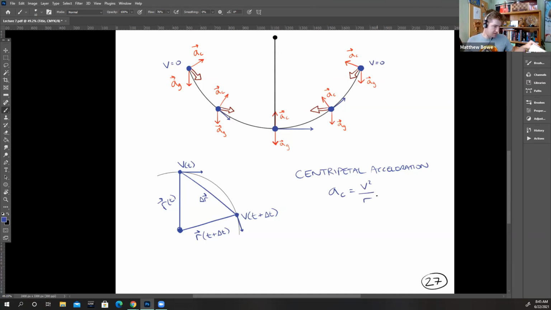And I believe that's a vector. Let me check. I don't think so. Okay. So we can leave it just like this.